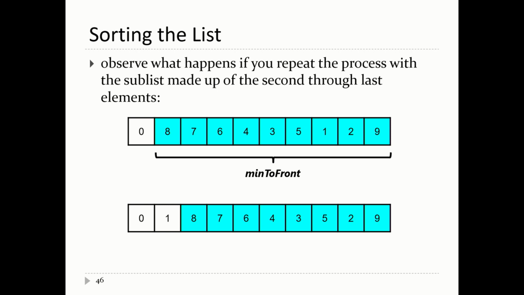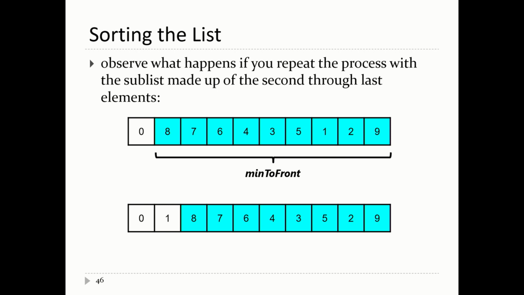All right, so what happens if you repeat this process? I move the smallest element to the front of the list. So the 0 comes to the front. And now I call min to front on the rest of the list. If I do that, the 1 comes to the second place.